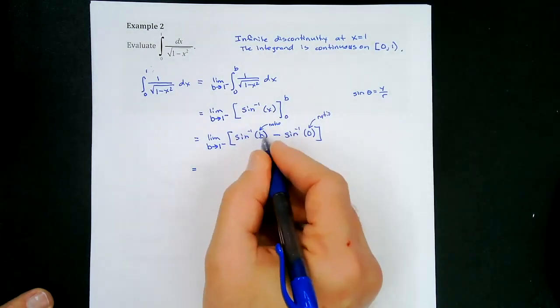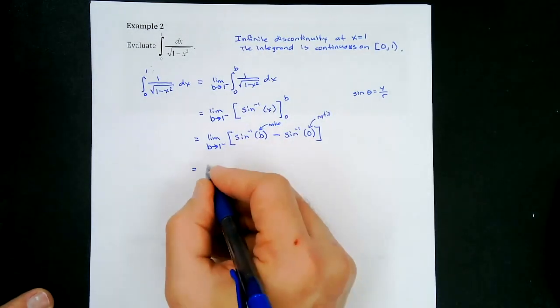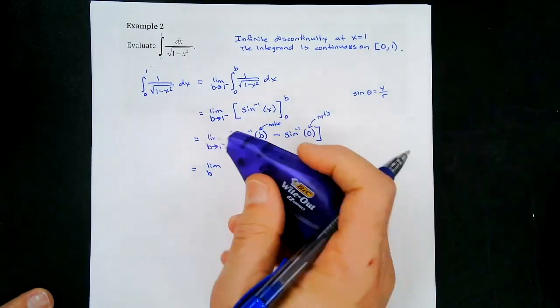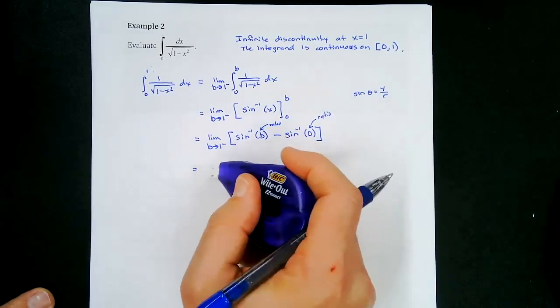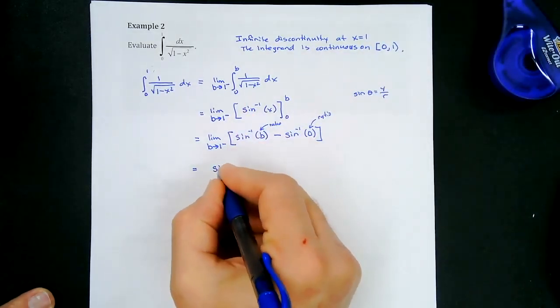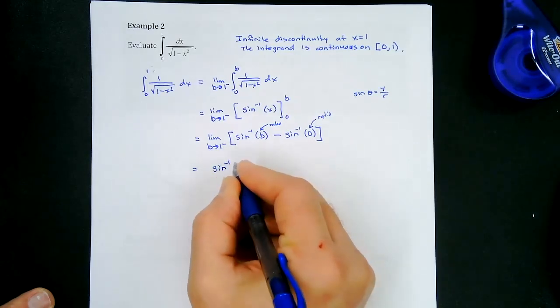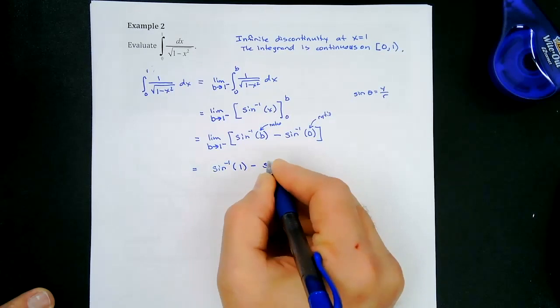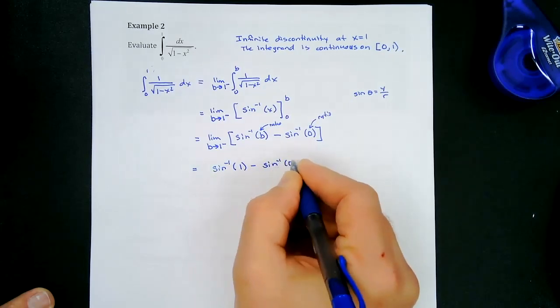And this one, we could just put 1 in here. So the limit as... I didn't mean to write that. If we do this, this becomes sine inverse of 1 minus sine inverse of 0.